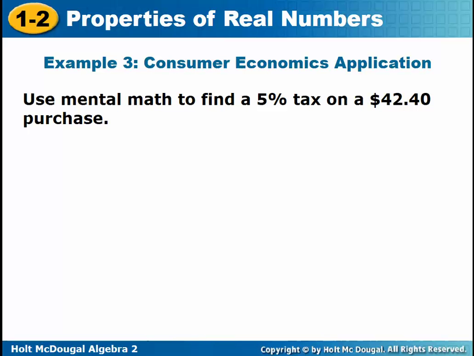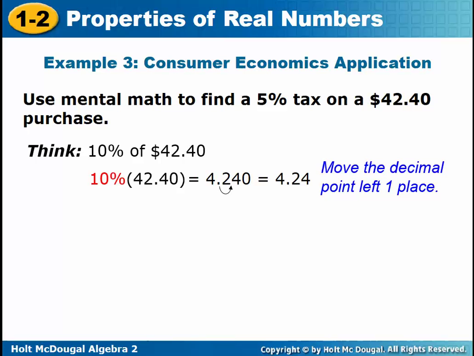Okay, here's an example where we would use the commutative property or the associative property or the distributive property or one of those other properties that we learned about. It says to use mental math to find a 5% tax on a $42.40 purchase. It might be easier to think about a 10% tax, because 10% of a number, you just move the decimal place and you would get 4.24.